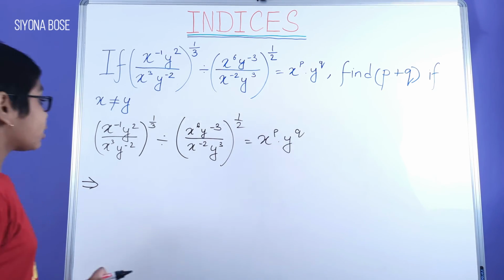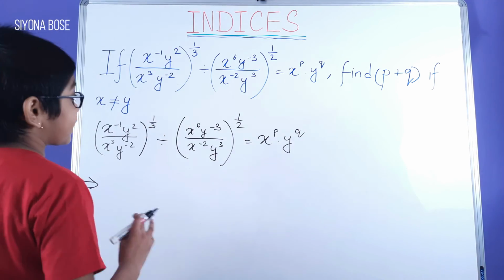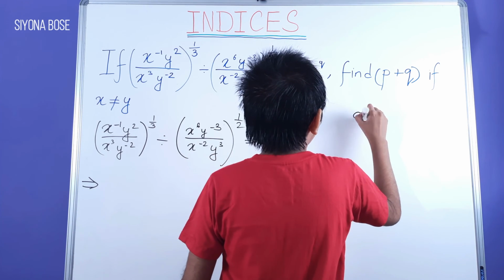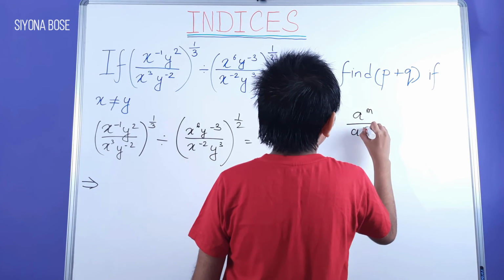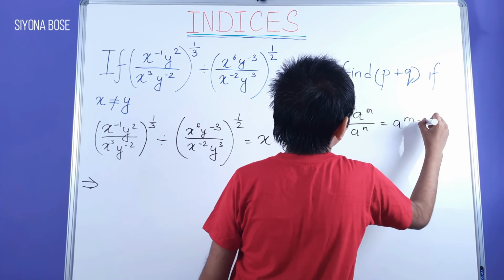Now we know that a to the power of m by a to the power of n is equal to a to the power of m minus n.